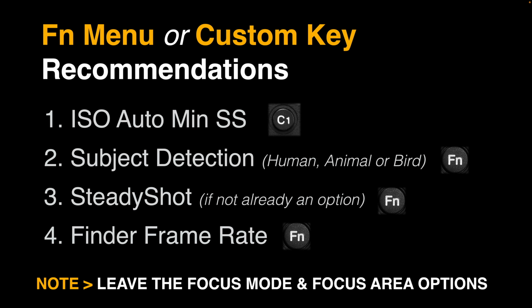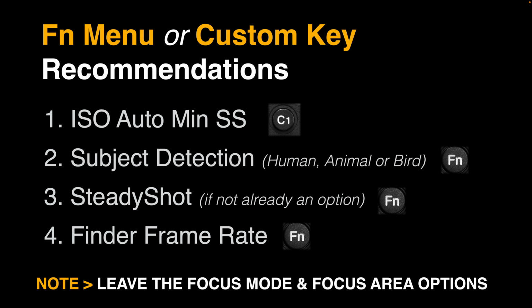So if we're prepared to replace some of those settings, what would you want to replace them with? Some of the settings that I do want to get quick access to via the FN menu or via a custom key are things like ISO auto minimum shutter speed. I would love for Sony to by default put that in the FN menu, but you're going to have to put that in manually.